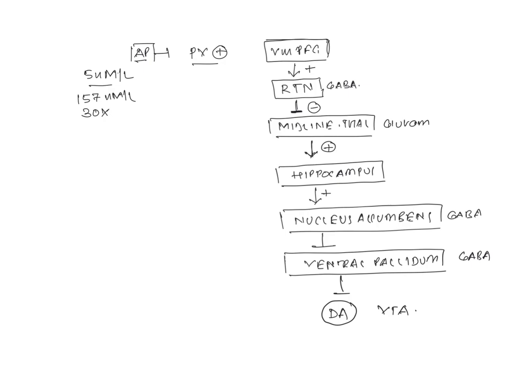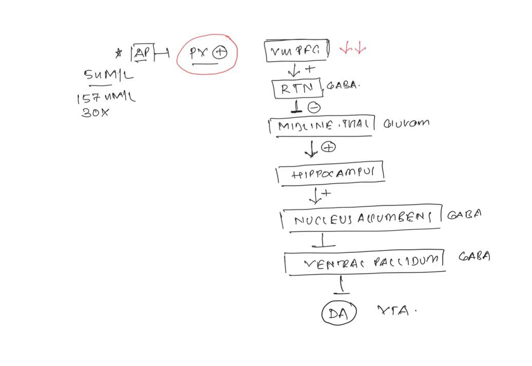So let's look at the entire cascade again. What happens? When the allopregnanolone is released during the third trimester of pregnancy, which is about 30 times the pre-pregnancy level, it will inhibit the parvalbumin positive fast spiking GABA interneurons in the prefrontal cortex, which causes the asynchronous firing of the pyramidal neurons and thus decreases the activity of the ventromedial prefrontal cortex.